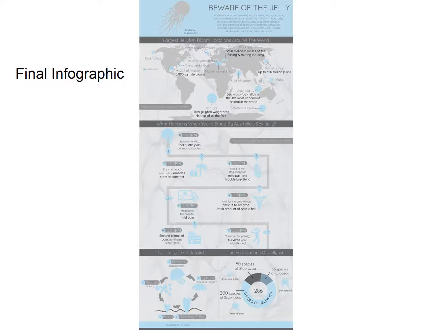I also want to include the alignment within my infographic. I tried to include two sides, the left and the right. My first model, the location one, doesn't really follow as well because it's more of a world map. But I tried to emulate it in my title. As you can see, the appearance display is on the left side, and then the title and description on the right side. I tried to align that as closely as I could with my other displays.